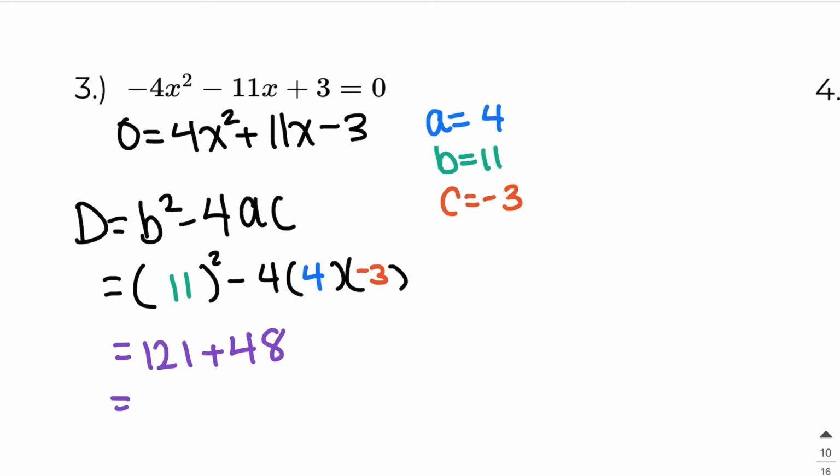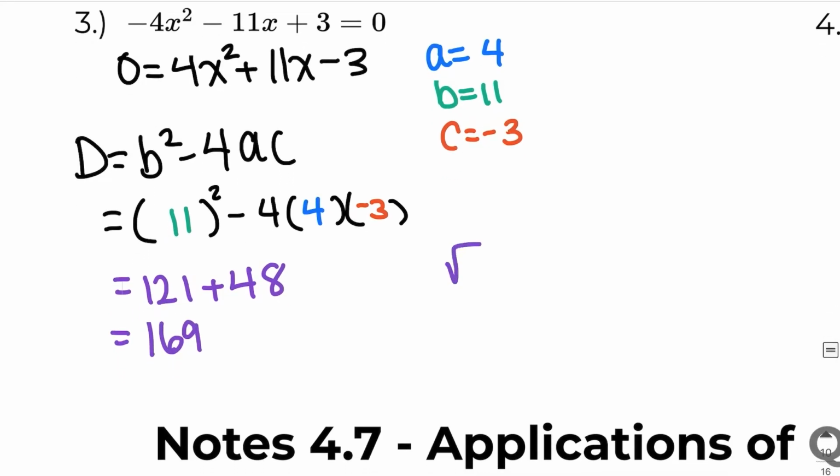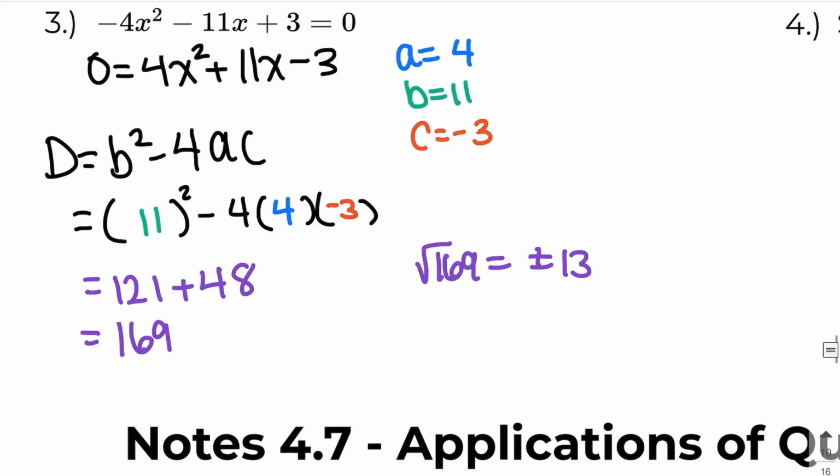And when I add these together, I get 169, which is square rootable. I can take the square root of 169 and I get plus or minus 13. Okay, so this tells us that we get two answers, and our two answers are rational. So here we get two rational solutions.